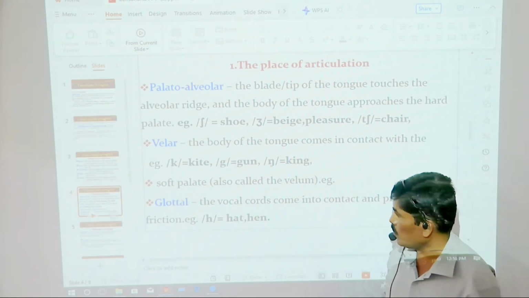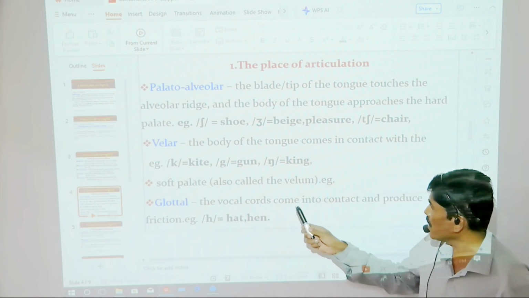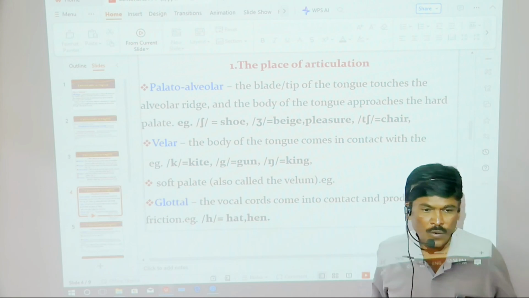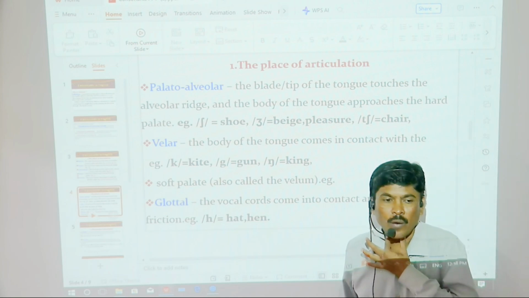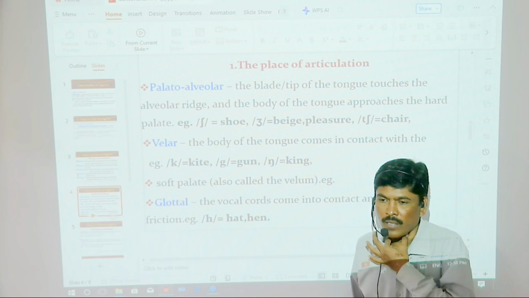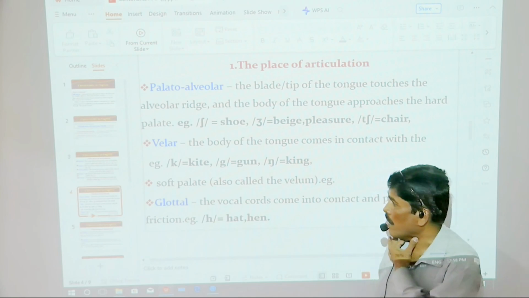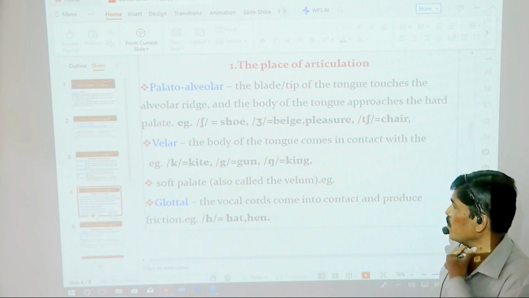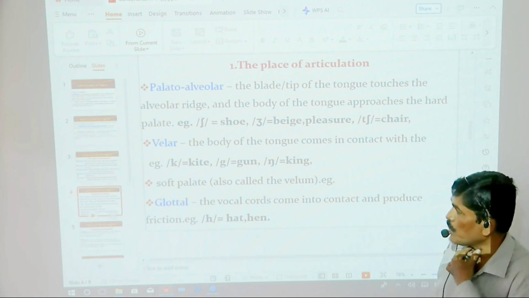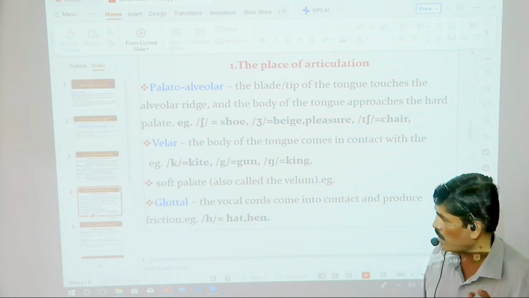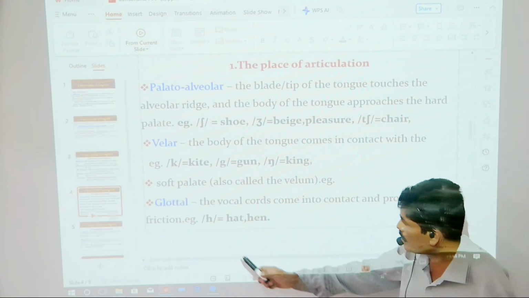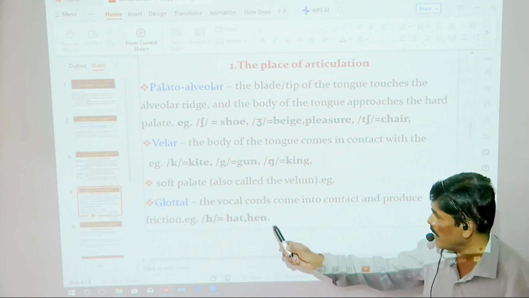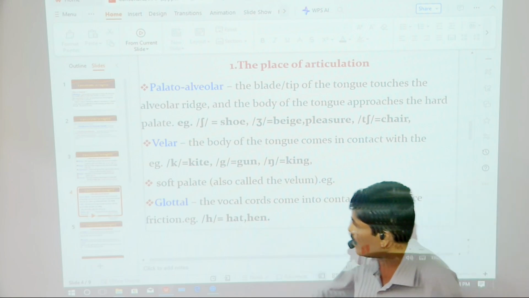Then glottal sound. The vocal cords come in contact and produce friction. Here we have the vocal cords, also called the larynx, and from this throat, from the vocal cords, we produce a kind of friction, and at that time the h sound is produced. For example, hat, hen, etc.